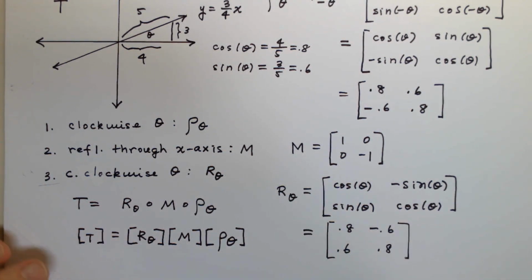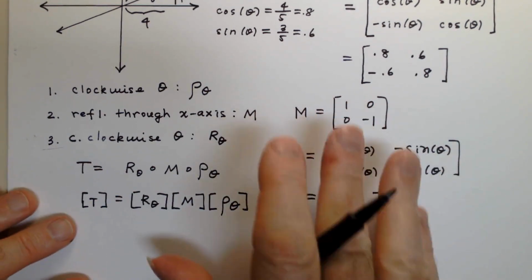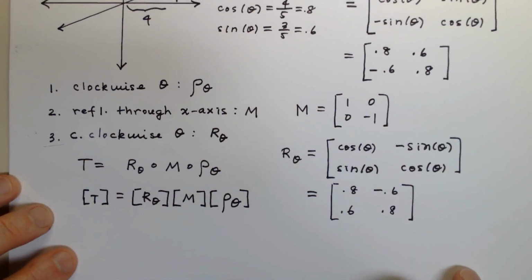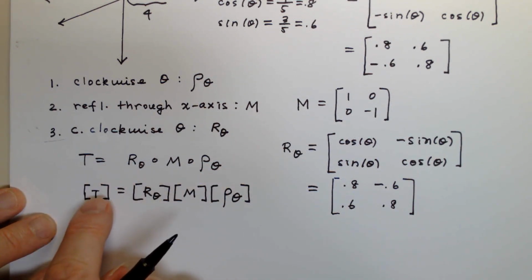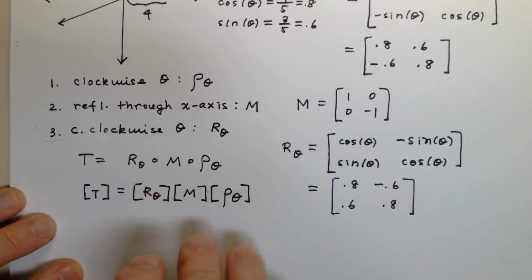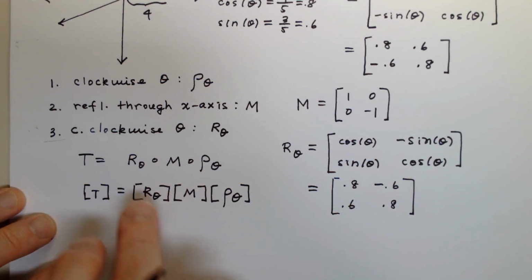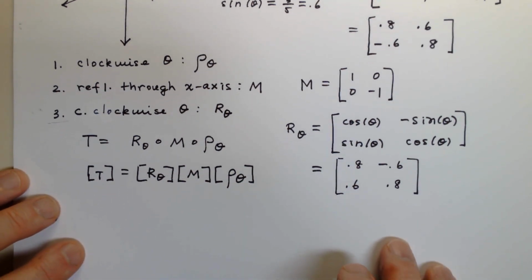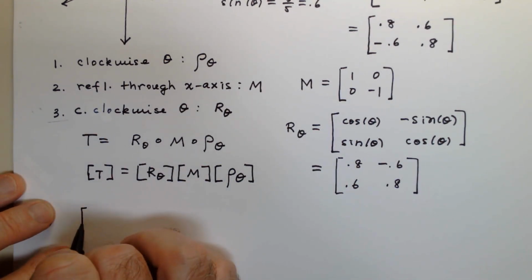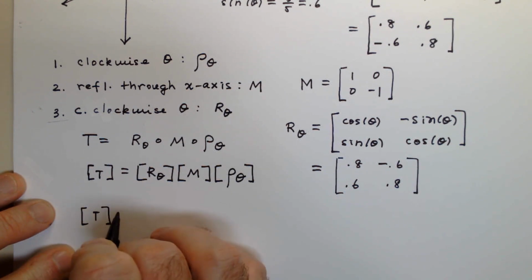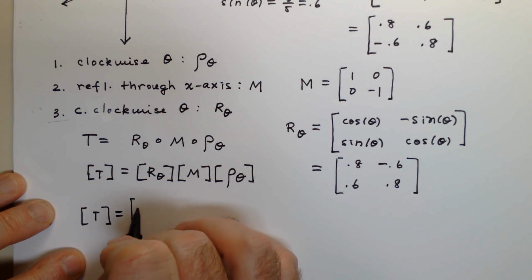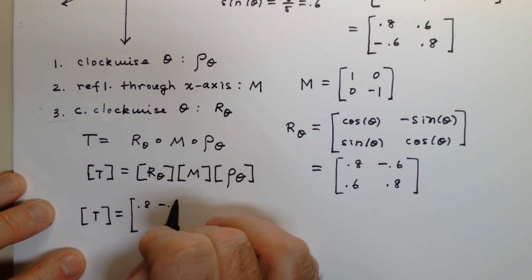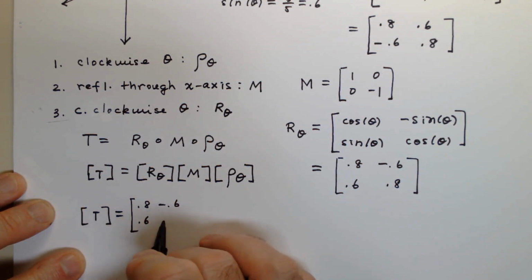Okay? Our last step now is just to bring all of these ingredients together and use our theorem that says the matrix for T is simply the product of the matrices for the underlying maps in our composition. So the matrix for T is going to be what I get when I multiply the matrices. So we'll have 0.8, negative 0.6, 0.6, 0.8.